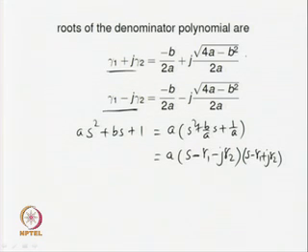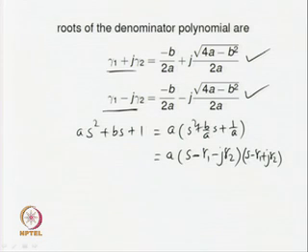So, the first root is like this, then its conjugate can be given in the form of gamma 1 minus j gamma 2 is equal to minus b upon 2a minus j root of 4a minus b square upon 2a.